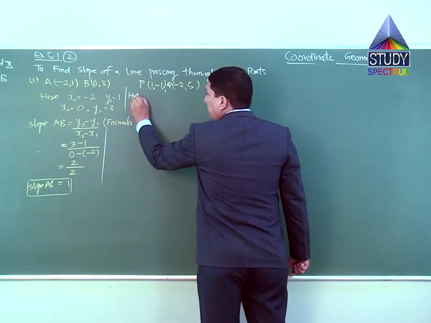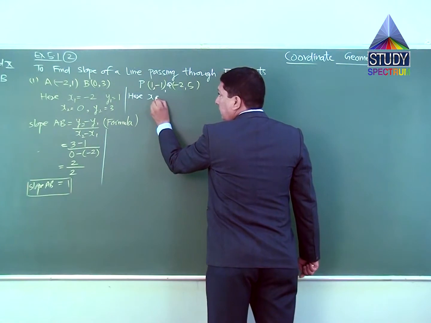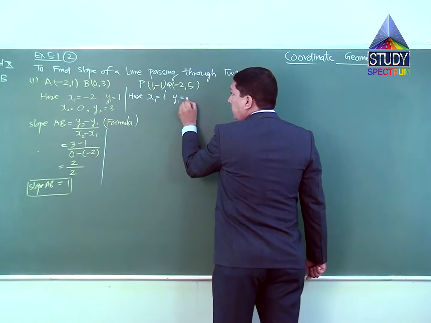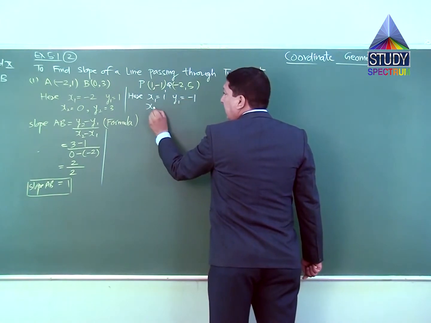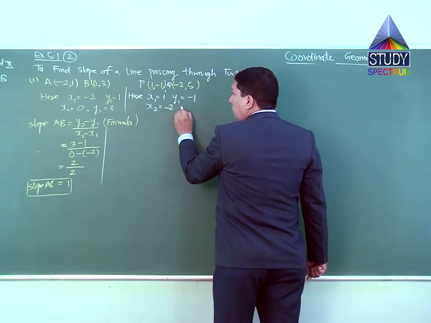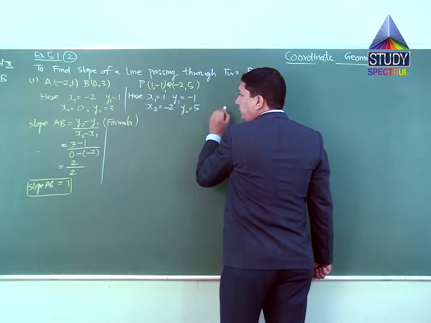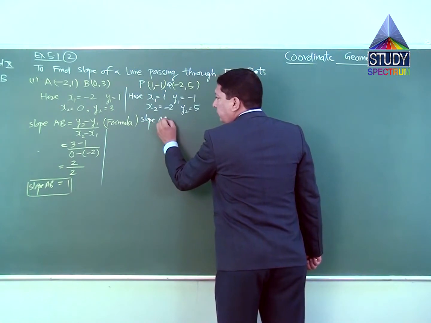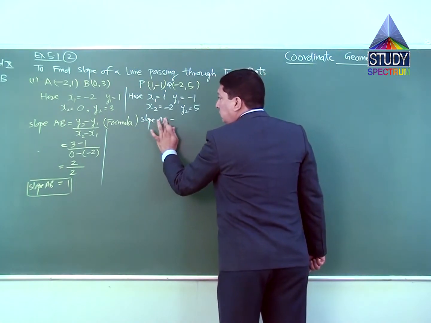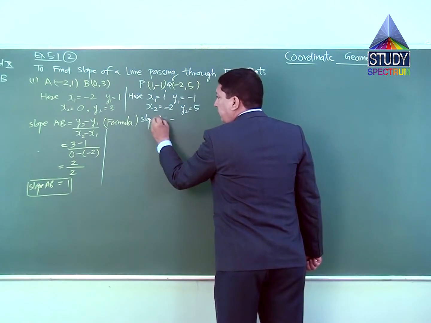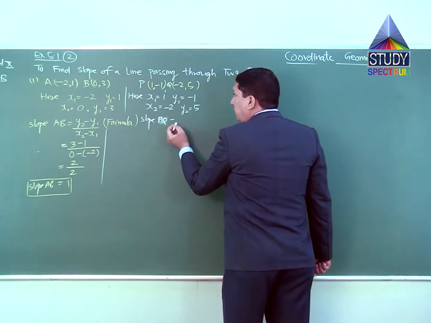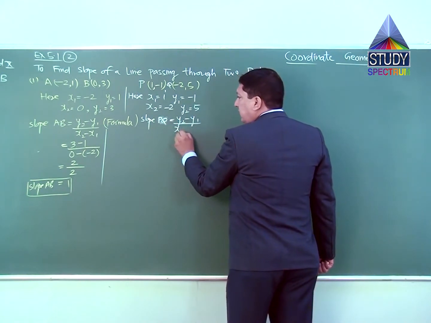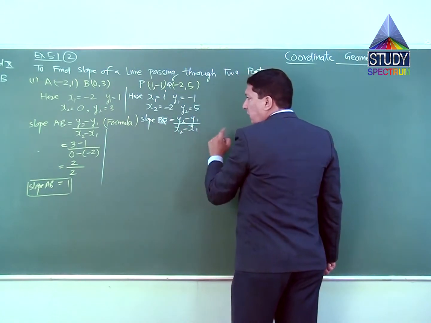So here x1 is 1, y1 is -1, x2 is -2, y2 is 5. Same way, slope of PQ by using the formula: y2 minus y1 upon x2 minus x1.